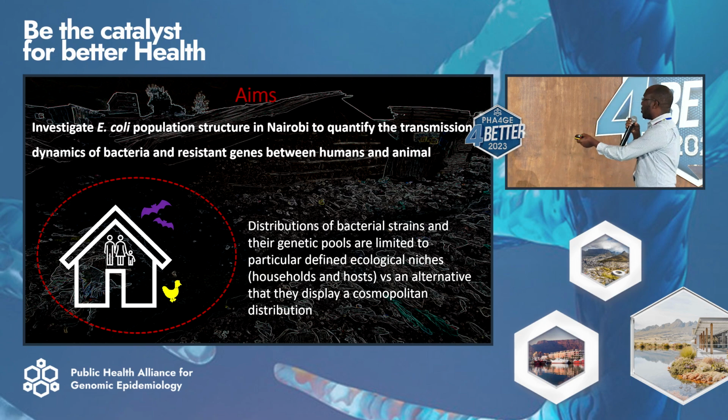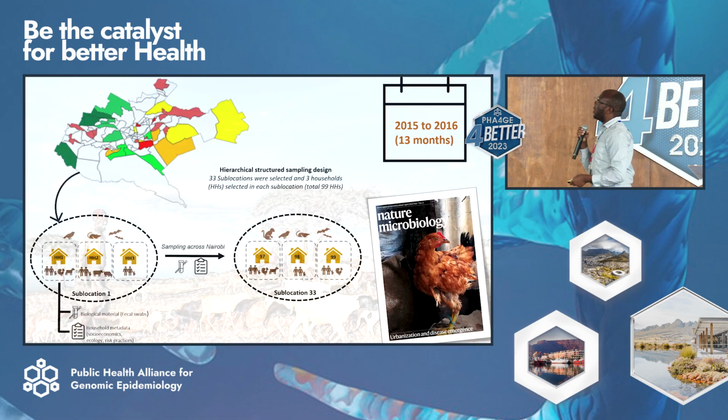That is, the distribution of bacterial strains and the genetic pools are limited to particular defined ecological niches, in this case, a household, as compared to a sort of cosmopolitan distribution of genes. So our household in this case is our study interface where humans, livestock, and peridomestic wildlife are all cohabiting sympatrically.